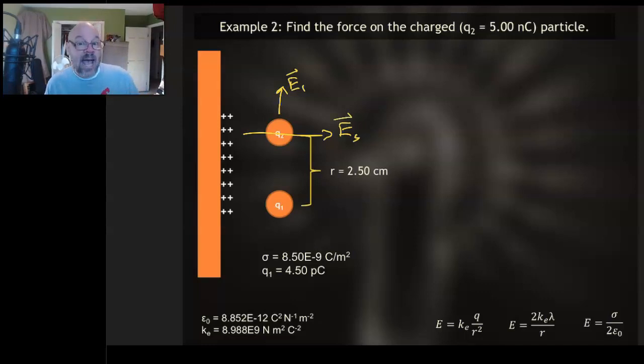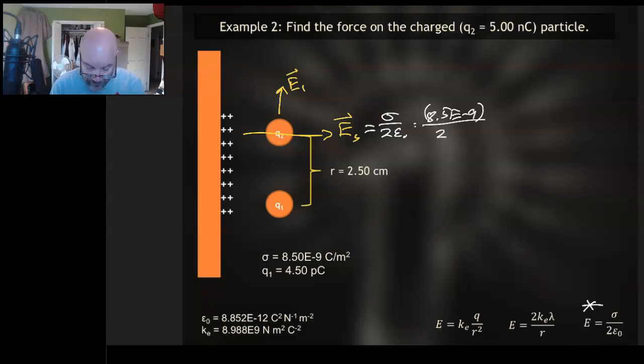Now it's actually the easiest one to calculate. All we have to do is check out our equation right down here, and what we would end up with is sigma over 2 epsilon naught. Then we would plug in our numbers: 8.5 e to the minus 9 over 2 epsilon naught, which is the 8.85 number.